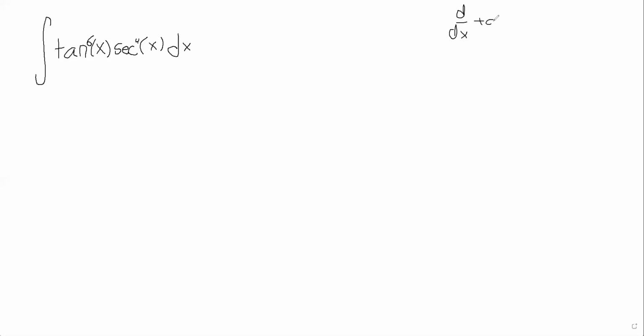So for example, we know that the derivative of tangent of x is secant squared of x. You want to think about a way of approaching this so that we can apply those derivative and integral rules. We also know that the derivative of secant is secant of x times tangent of x.